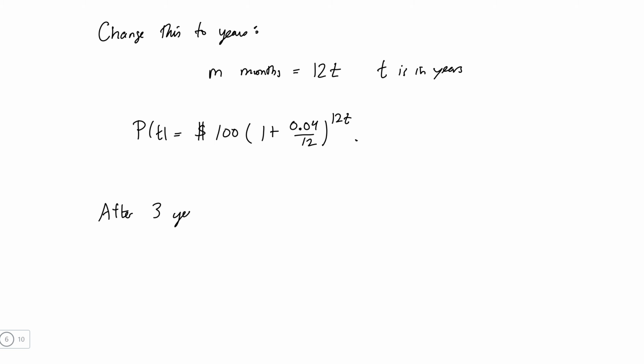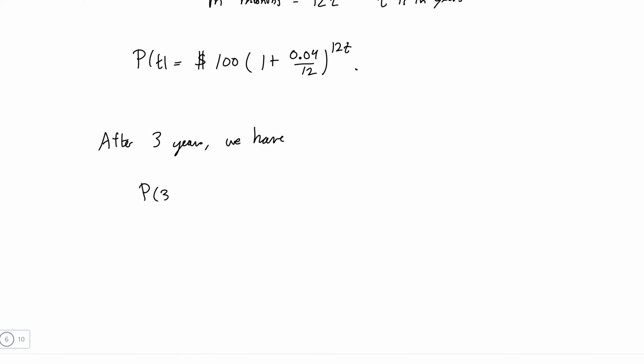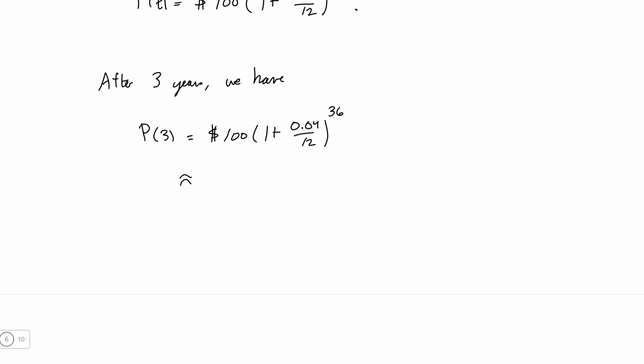So if we do after 3 years, well, what would our bank account have then? Well, this would be P of 3, so this should be $100 times 1 plus 0.04 over 12. Now I plug in the 3 for t, so this gives me to the 36th power. So this is approximately 100 times 1.127, which is about $112.73.